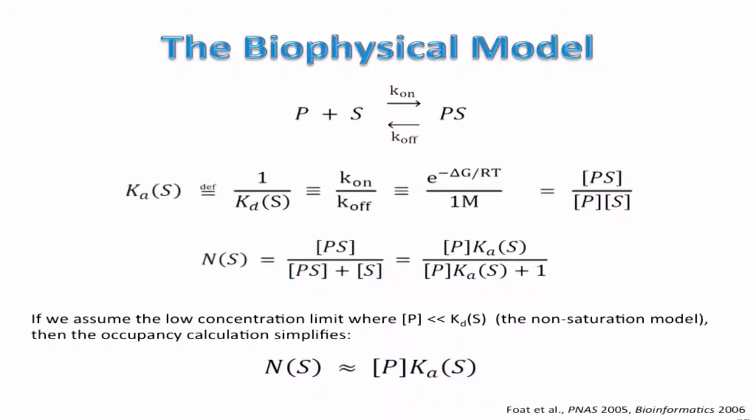By plugging in Ka for the sequence, we get a nonlinear function in which occupancy can be calculated based solely on the free protein concentration and the binding affinity that the protein has for the sequence. This nonlinear function models the saturation effect.